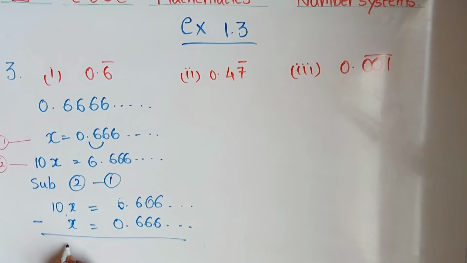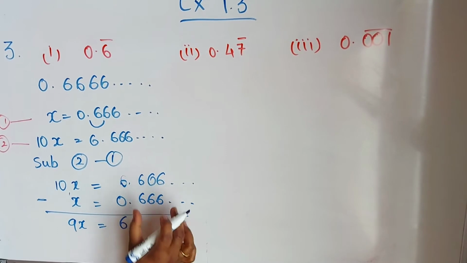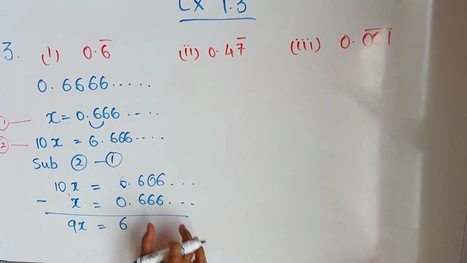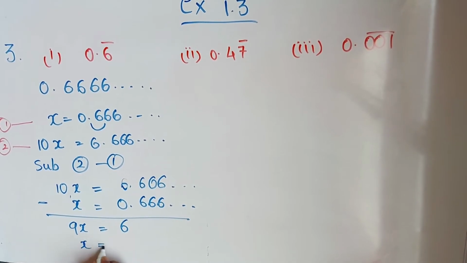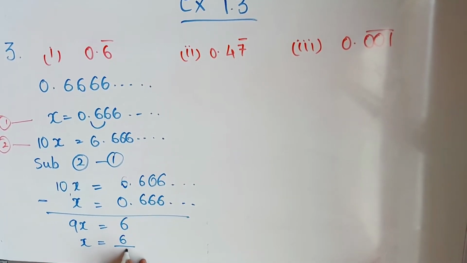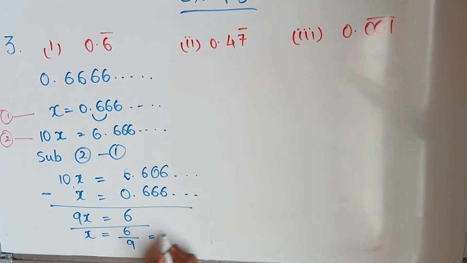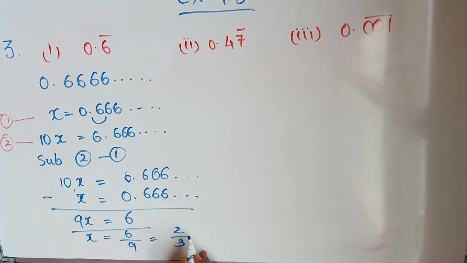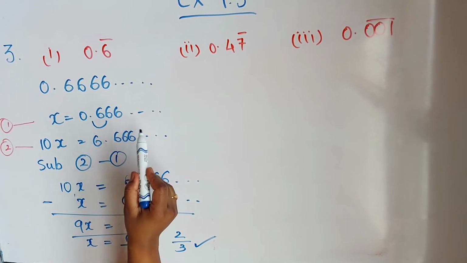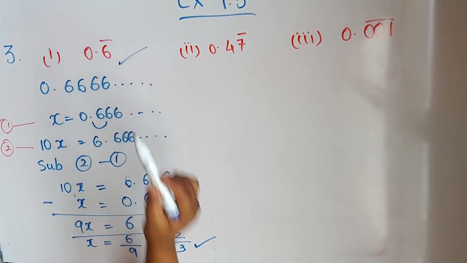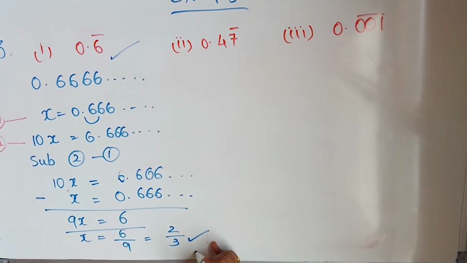Now what is the value? 10x minus x is 9x equal to 6. 0.666 and 0.666 will get cancelled, right? So 9x equal to 6. What is the x value? 6 by 9, children. That is, 3 2s are 6, 3 3s are 9. x value is 2 by 3. They have given x value equal to 0.666, that means 0.6 bar. We have written it in the form of p by q. That is 2 by 3 is the answer.